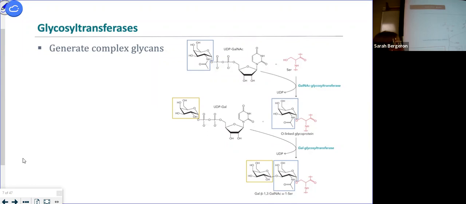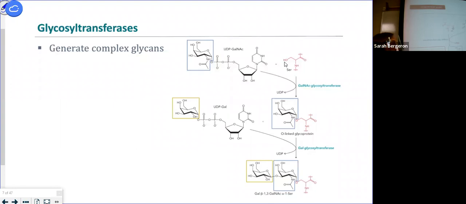So here's an example of a glycosyltransferase. This is an enzyme that is going to add a particular group to, for example, this. What does SER stand for? Serine. Serine has what kind of side chain? It has an OH, so it's a polar side chain, right?